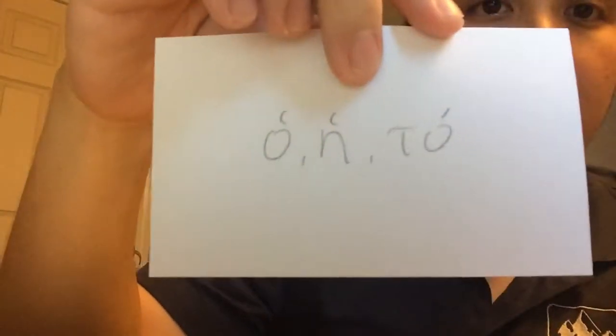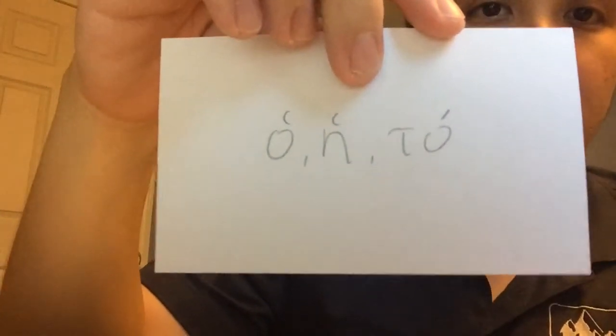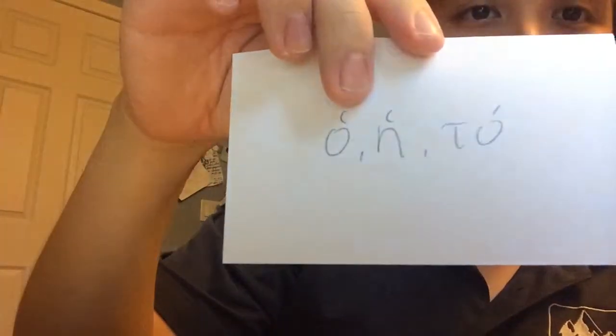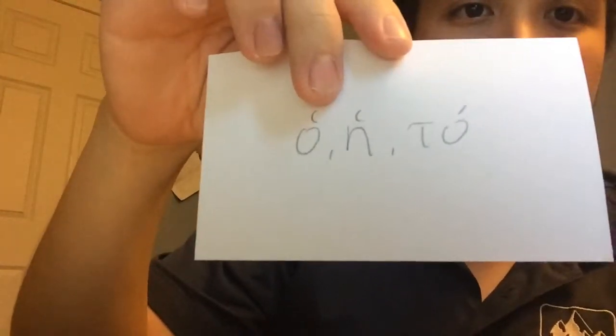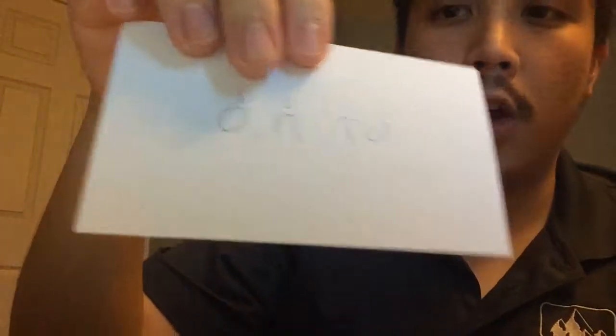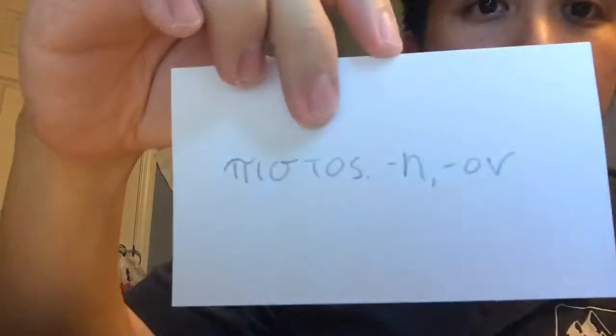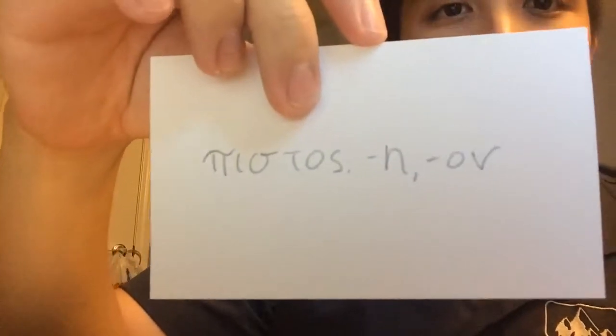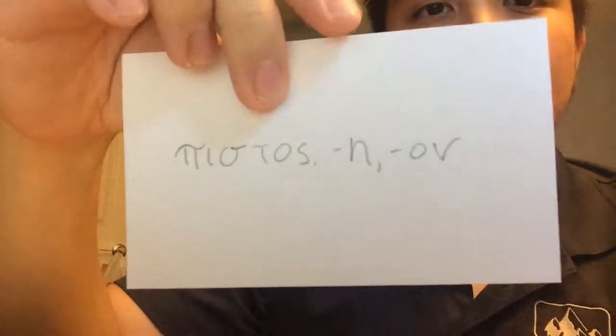Ha, he, ta. Different forms of the. Again, based on masculine, feminine, and neuter. Ha, he, ta. Pistos, piste, piston. Similar to pisteo, the verb I believe.